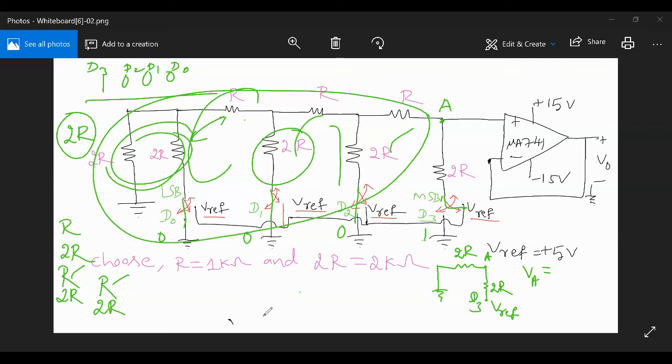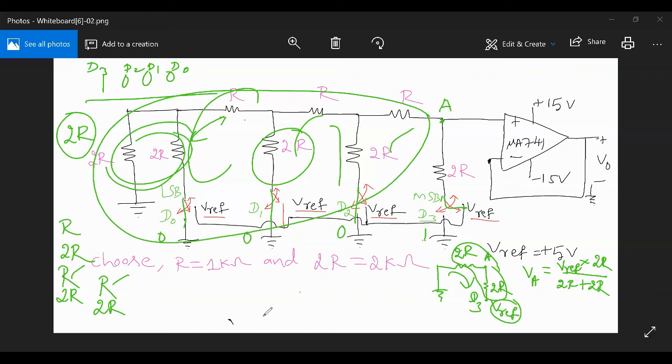So you can see these two are in series with respect to the current flowing. Therefore, we can use the voltage division rule. What is the total voltage applied here? V reference. So V reference into, the voltage at node A is the voltage across 2R, because that 2R is connected to ground. Therefore, 2R divided by 2R plus 2R.